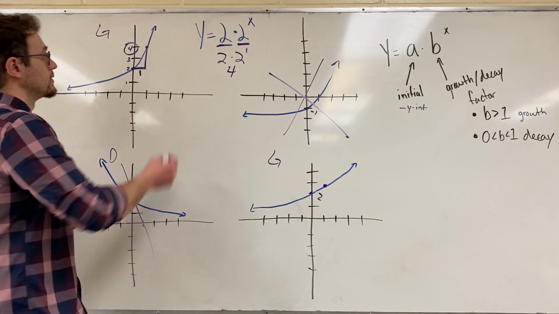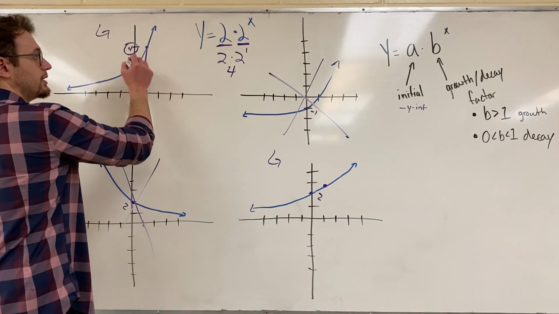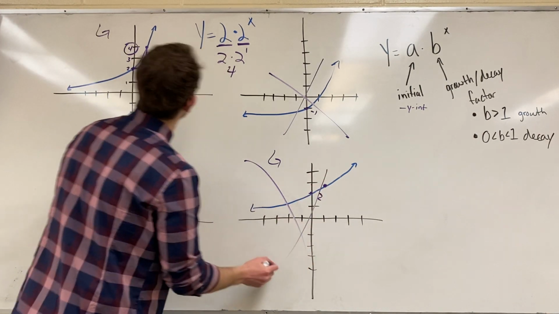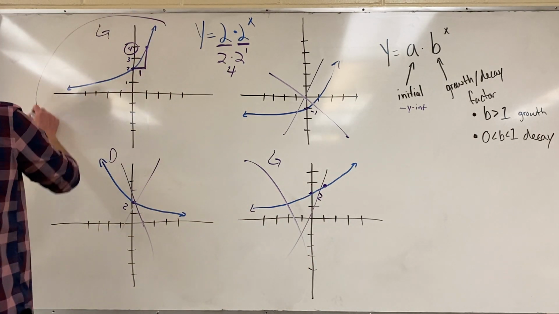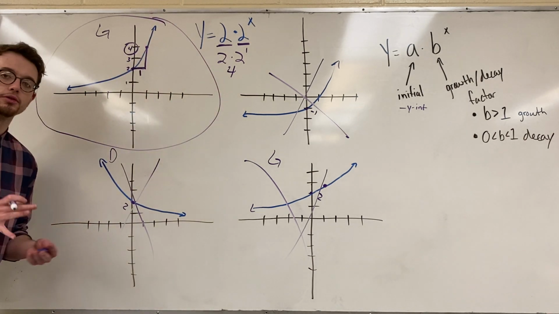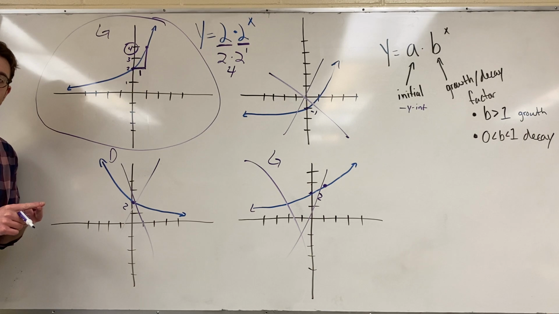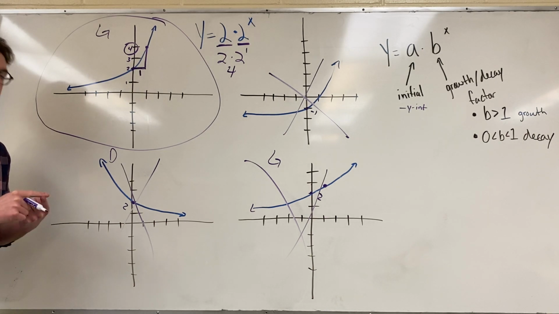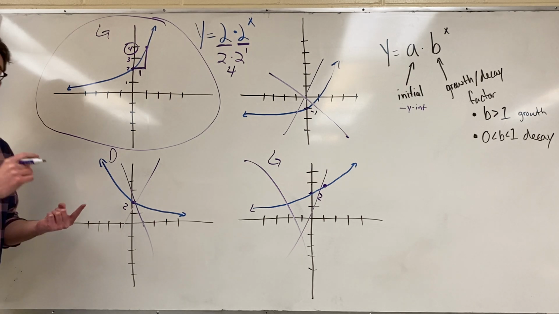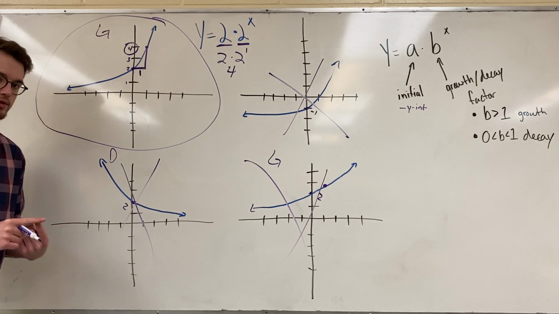All right, so you can always go over 1 unit and up. So this one's out. That one's out. This one would be my choice. So that's the process you go through. You start with A, eliminate all the ones that don't have the right y-intercept. Then you go to B and you're like, okay, which ones are growth, which ones are decay?